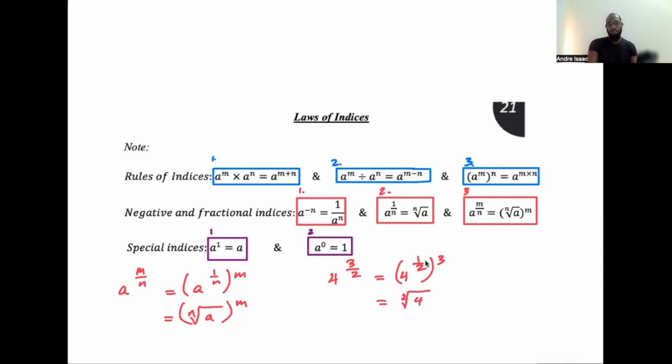I can't leave it like this because you have brackets and the power 3, so I put my brackets to the power 3. That's all. So the key thing with this question is you have to put the numerator outside of the brackets, so 4 to the half and put the 3 outside. And once you do that, you'll be able to simplify it and put it in this form right here. All right, so that's that.